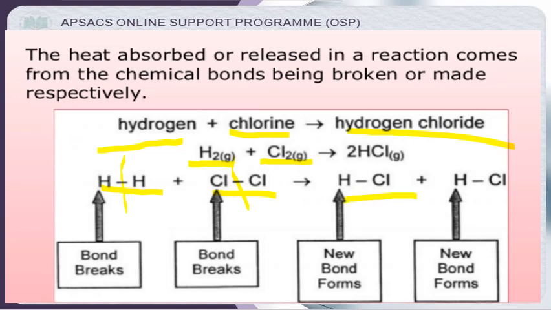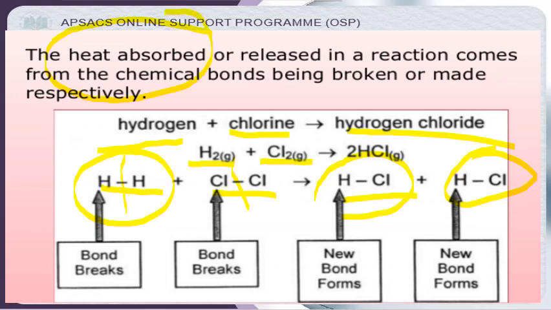Now you can see the hydrogen and chlorine are reacting together to produce this product. Two same units are generated in it. So we say two types of energies are there. One, when the bond breakage occurred, the amount of energy is absorbed to break this bond, right?